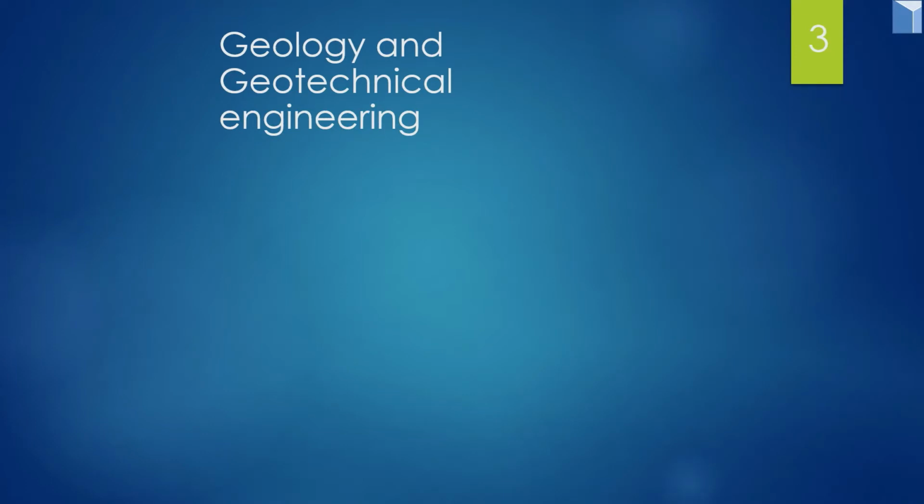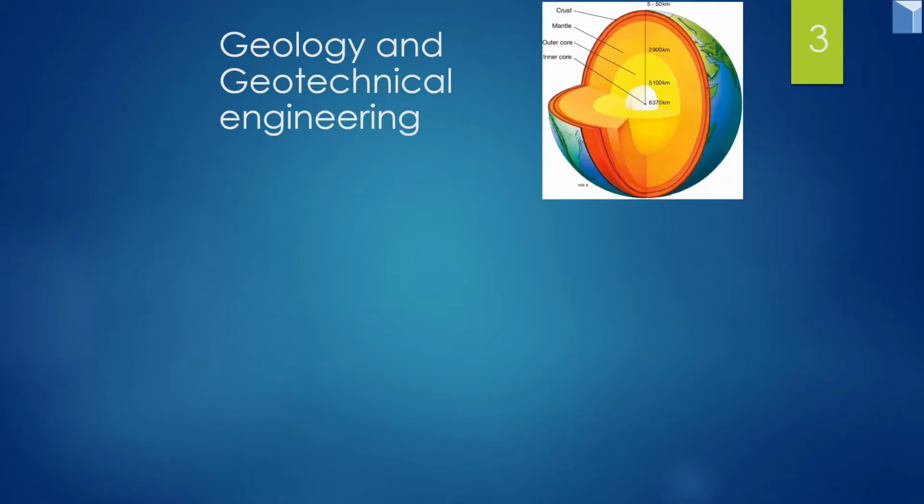Regarding the lower spheres of the Earth, there are three, and they are also separated into subspheres. The Earth's interior spheres start with the crust, which is the upper part of the Earth, covering the surface.